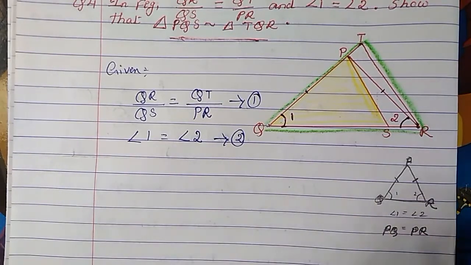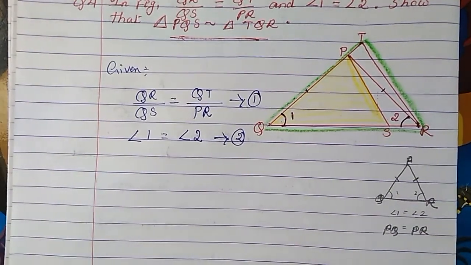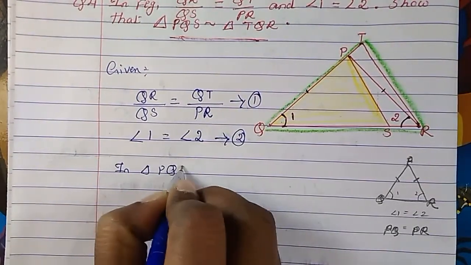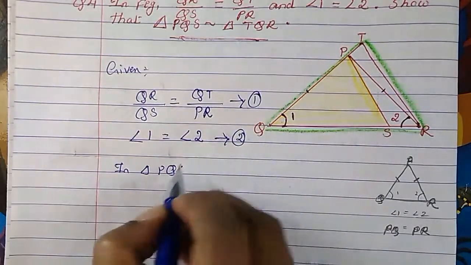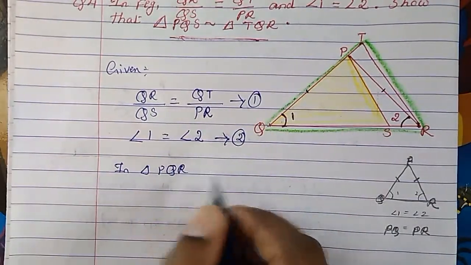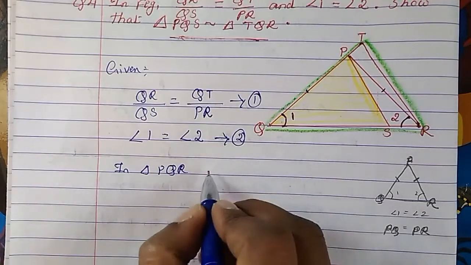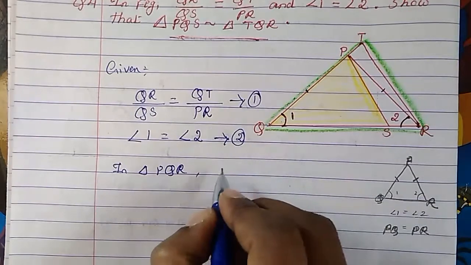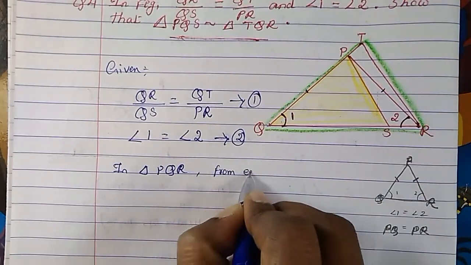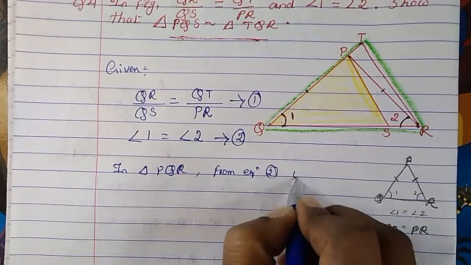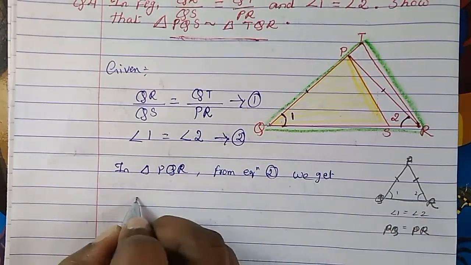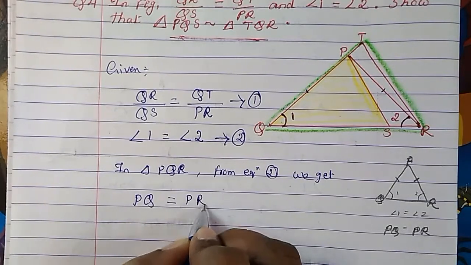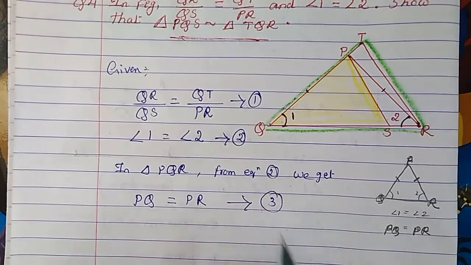So let us take that. In triangle PQR, from equation 2, because equation 2 is given, angle 1 is equal to angle 2, we get that PQ will be equal to PR. So let's keep this as equation 3.